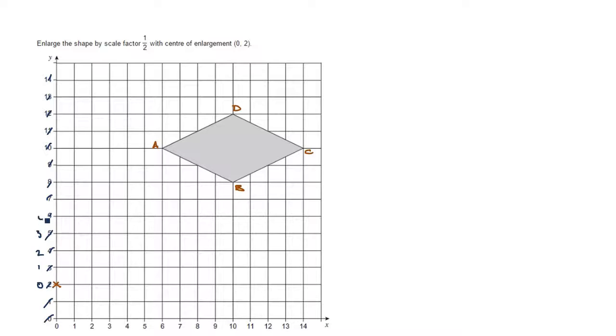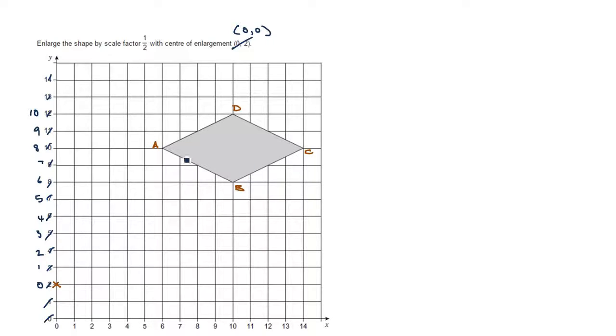We only need to, in fact, number this up to 10, because that's the top of our object, and we can leave the x-axis as it is because we've already got the x-coordinate at the centre of enlargement. So now that we've renumbered our axes and we have the centre of enlargement at the origin, so the centre of enlargement is now at 0, 0, we can go ahead and look at those coordinates.